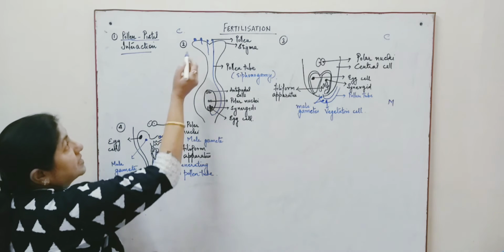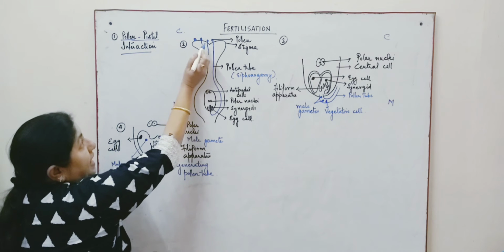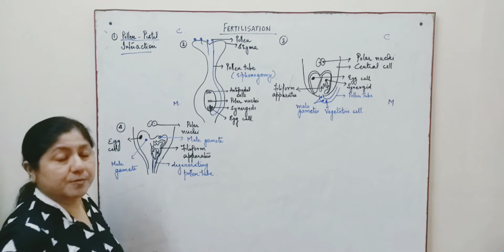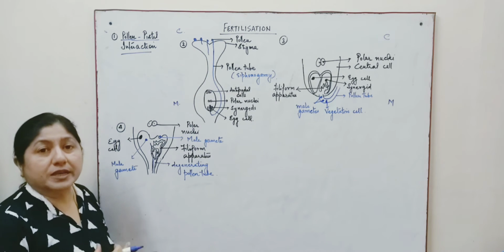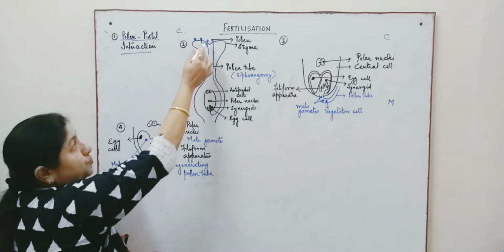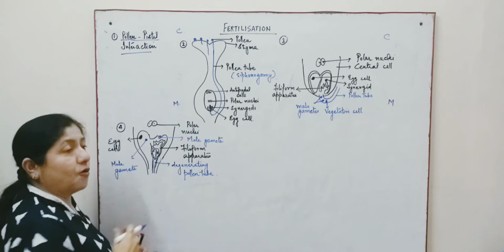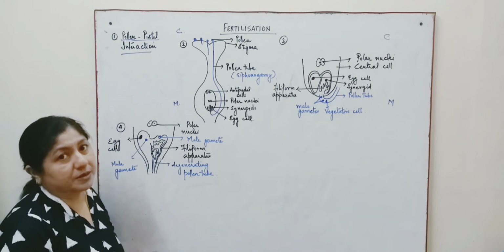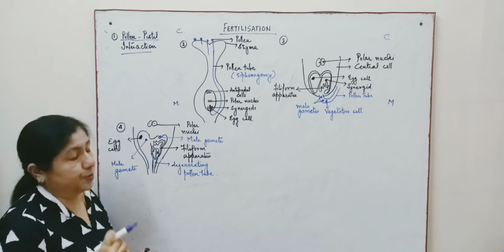When the pollen grain lands onto the stigma, the chemicals present on the stigma should be compatible so as to allow the pollen tube to develop. So not all the pollens which are falling on the stigma develop a pollen tube.